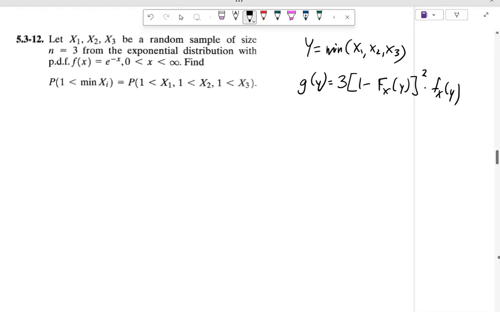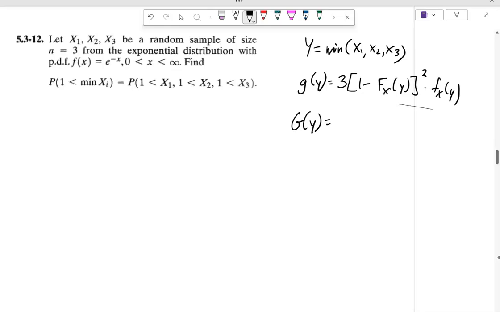But notice this problem's actually asking us for an honest to goodness probability, right? If I'm able to write the CDF, I can usually get these probabilities a little bit easier. Notice in the derivation of our PDF, we also came up with the CDF for y, didn't we? What was the CDF?